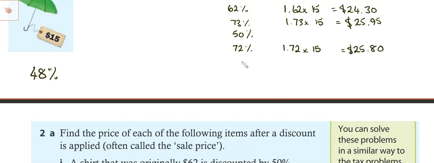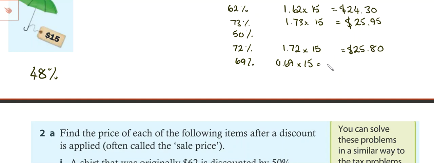Ryan, 69%. So my tax was 10.35. Tell me how you figured it out, please. Oh, sorry. I did 0.69 times 15, and then I got $25.35.